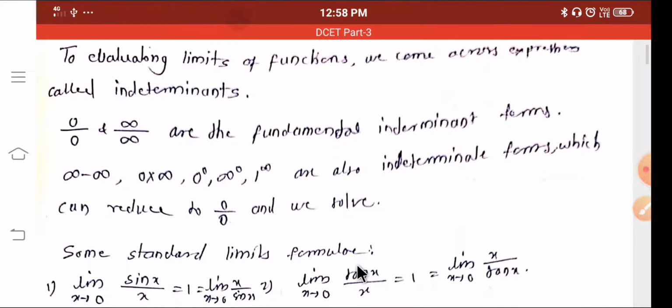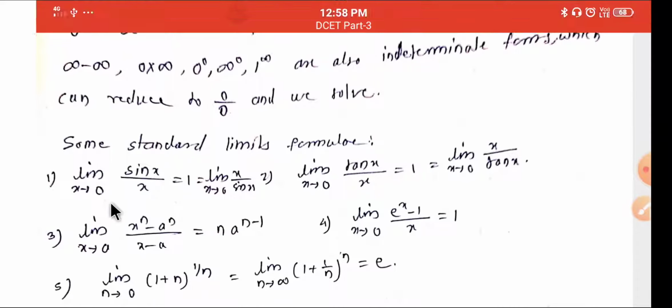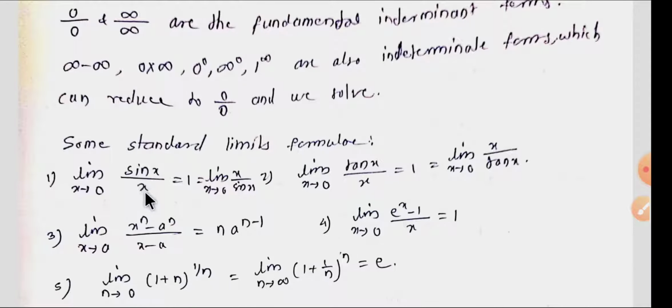And we know some standard forms: limit of x tends to 0 sin x by x equals 1, and it is equal to limit of x by sin x as x tends to 0. Similarly, limit of x tends to 0 tan x by x, or x by tan x, equals 1. Similarly, limit of x tends to a of x raised to n minus a raised to n by x minus a equals n into a raised to n minus 1.